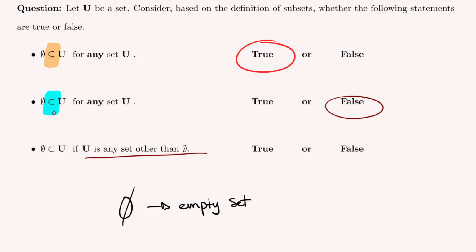Then they would not be proper subsets because they're actually equal. Our third statement is true because it takes care of that one problem point. So long as the set U that you're looking at is not the empty set itself, then the empty set is a proper subset of U.